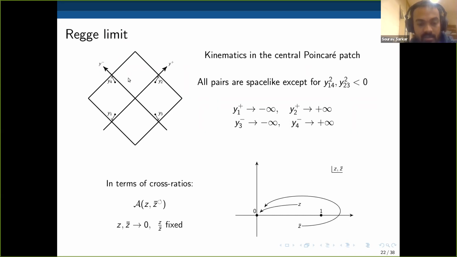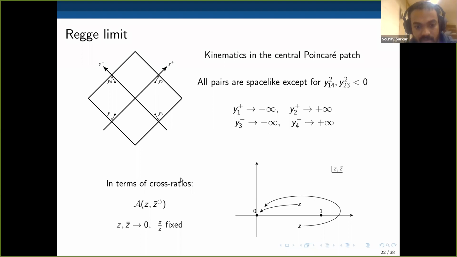We have arranged all these points in the central Poincare patch. These two pairs are time-like, and all other pairs are space-like. And the limit is basically that we send the pair y3 and y4 to light-like separation, coming from space-like separation, and similarly for the other pair y1, y2.